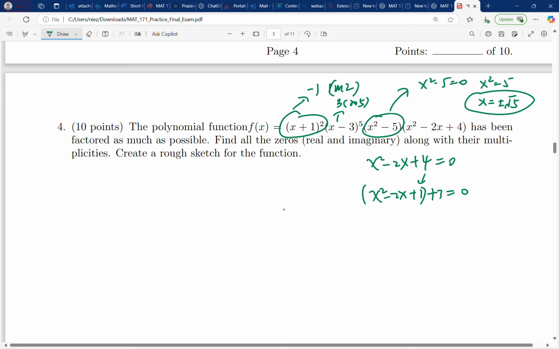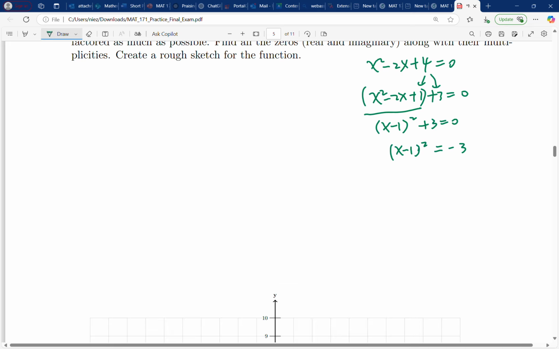Plus 3 equal to 0. So I split 4 into 1 plus 3. But now this will become a perfect square. So x minus 1 squared plus 3 equal to 0. Then subtract 3 from both sides. You will get x minus 1 squared equal to negative 3. Now we can use extracting the square root. x minus 1 is going to equal plus or minus square root of negative 3.